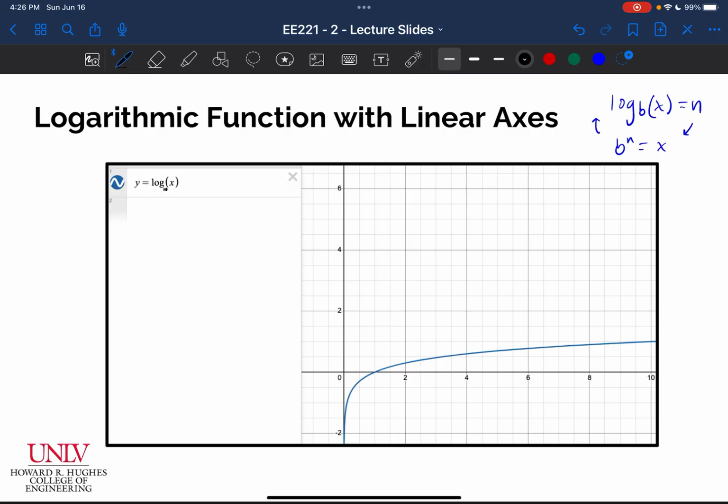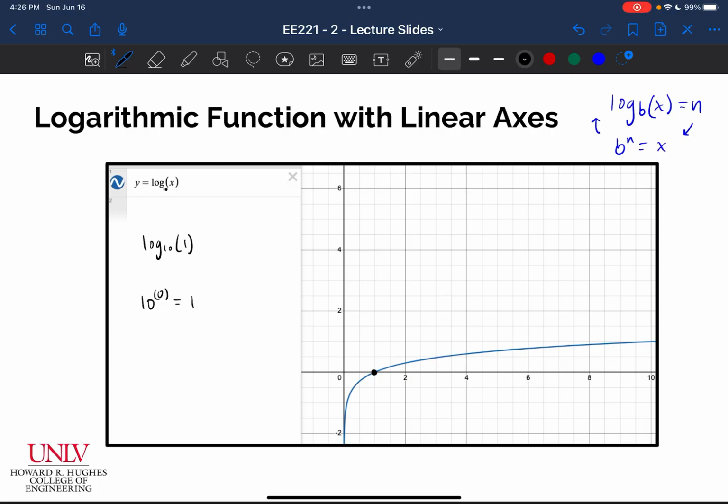So if I go to the log base 10 of a value of x is equal to 1, right? What is that saying? It's saying 10 to the what gives me 1, right? And so if I'm looking at a value of y equals 0 there, that means that 10 to the 0 is what would give me 1, right?